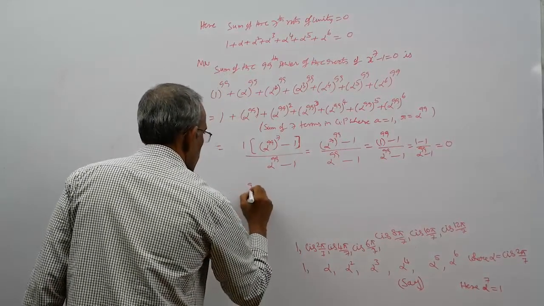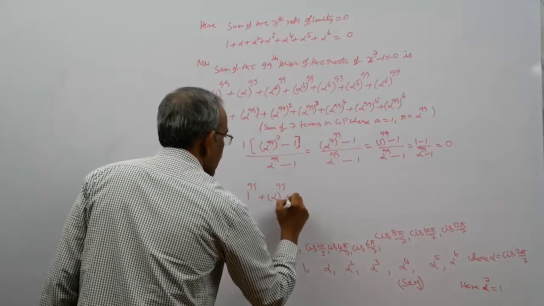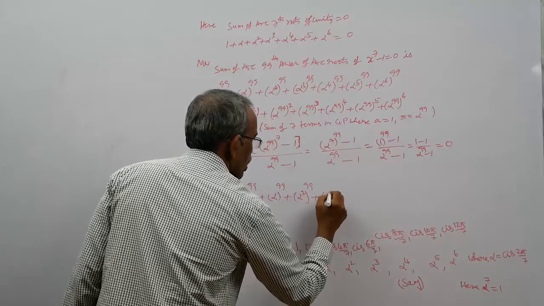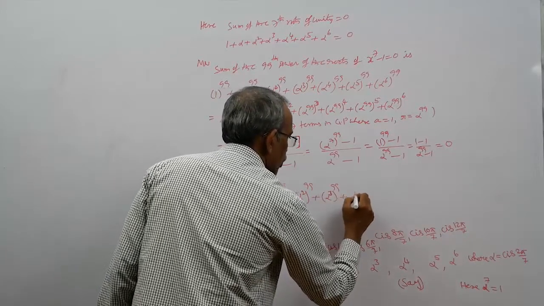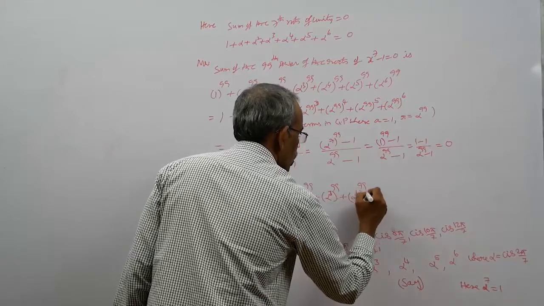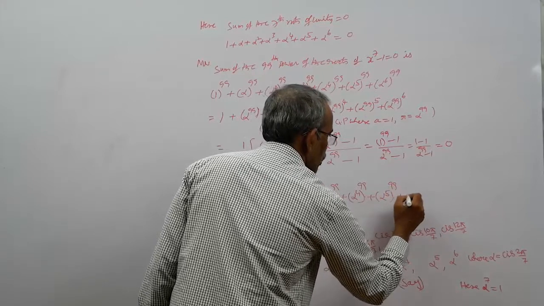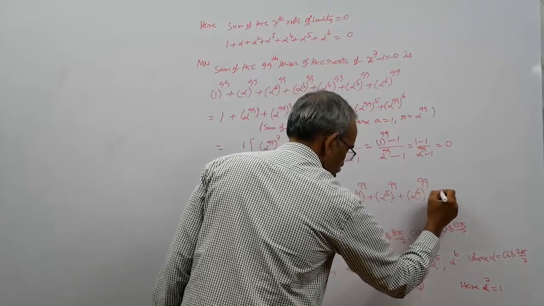Therefore 1 to the power of 99, alpha to the power of 99, alpha square whole to the power of 99, alpha cube whole to the power of 99, alpha to the power of 4 whole to the power of 99, alpha to the power of 5 whole to the power of 99, alpha 6 whole to the power of 99 is equal to 0.